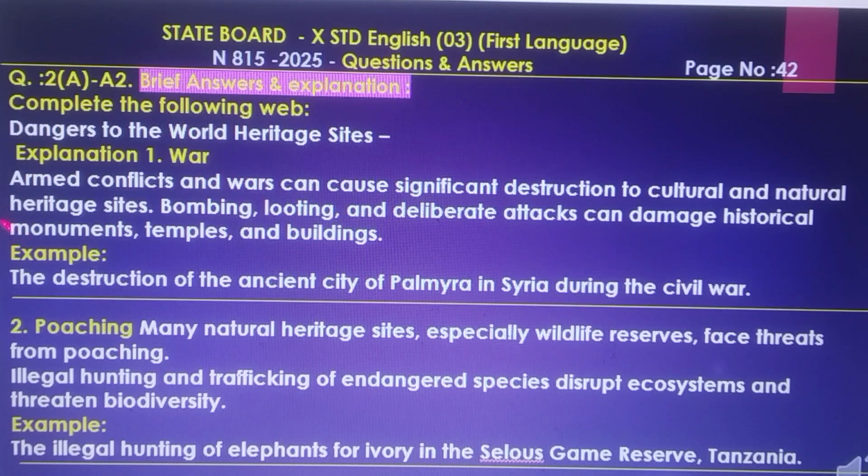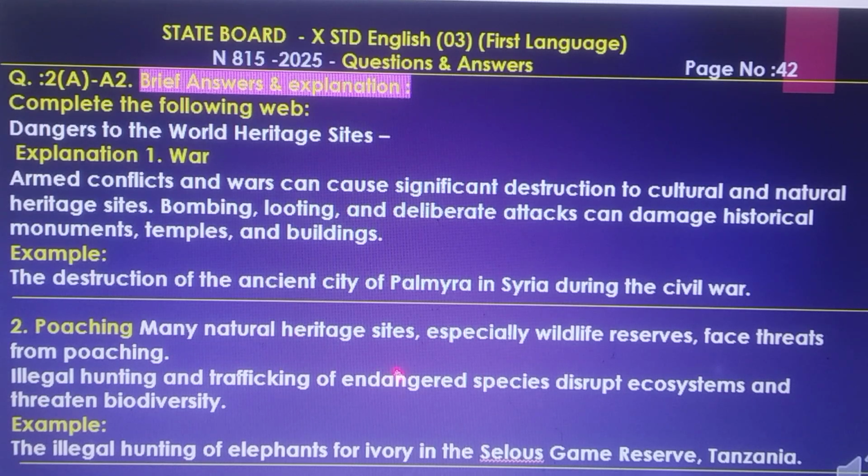First, war. Armed conflict and war can cause significant destruction to cultural and natural heritage sites. Bombing, looting, and deliberate attacks can damage historical monuments, temples, and buildings. Example: the destruction of the ancient city of Palmyra in Syria during the civil war. Second, poaching.